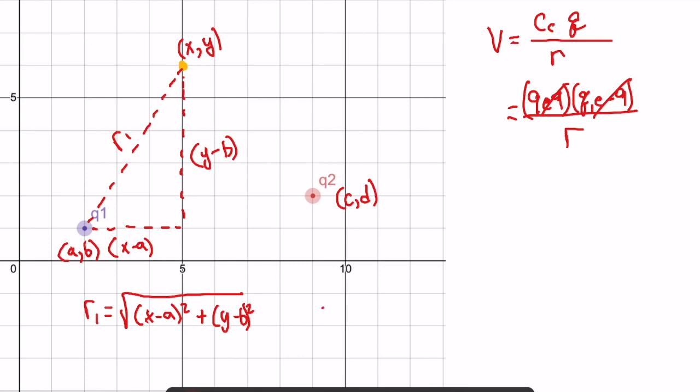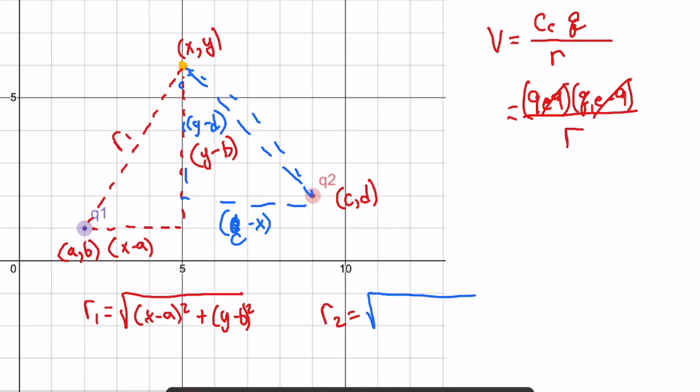We would get the same kind of thing for the distance from charge 2 to this spot. Again, we make a right triangle. This distance would be d minus x. This should be c minus x. This should be y minus d.